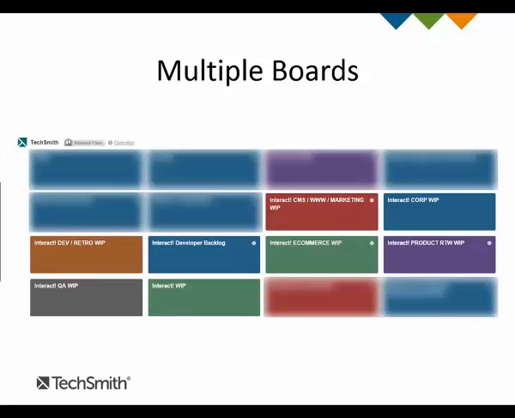This seems like a lot. I can see the look on your face. But we needed to do this for ease of reading, for being able to track our work, because it was just so much with having our product RTWs and our corp work and our CMS work and just everything on one board.